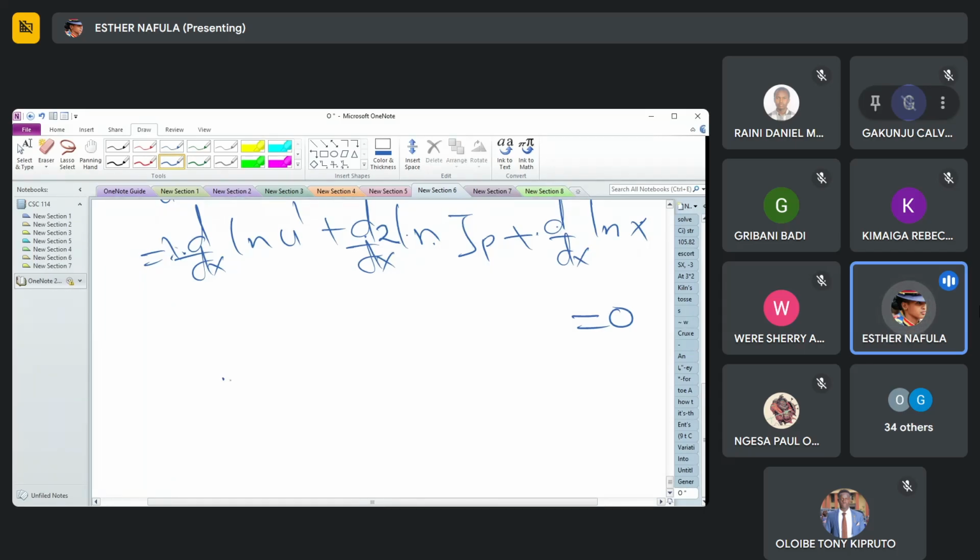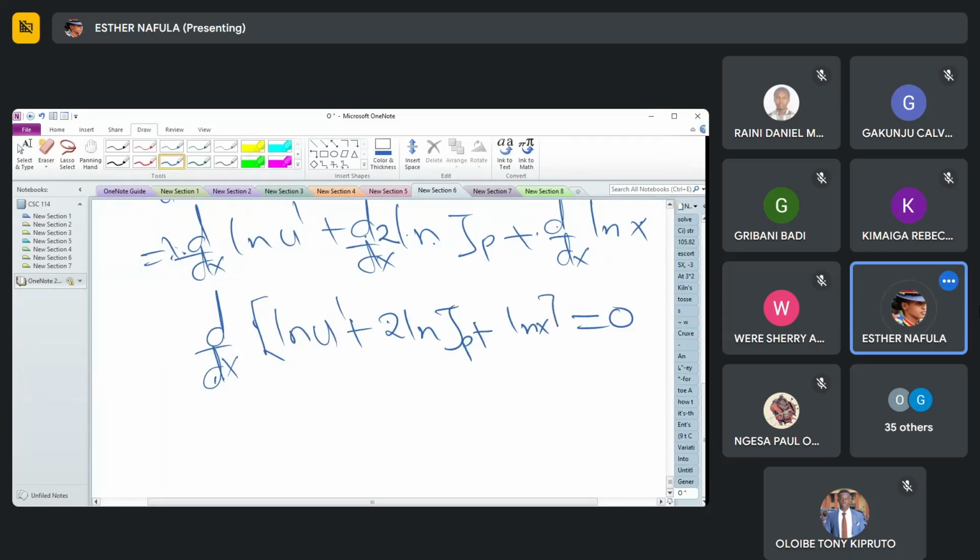If we factor out the d dx, natural log of u prime plus 2 times natural log of jp plus natural log of x, using laws of logarithms, what do we do to the functions?